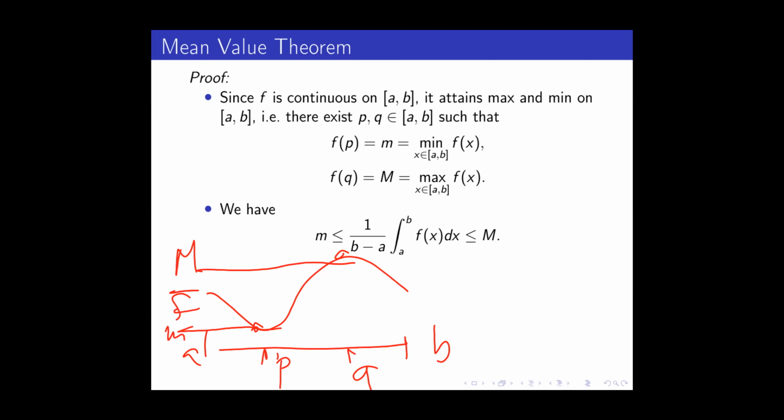But the intermediate value theorem says that for a continuous function between p and q, any value that lies between f of p and f of q is attained inside that interval. So say this is f bar, then there must be at least one point where the function attains that value. It cannot skip any values, and that is true for any continuous function.